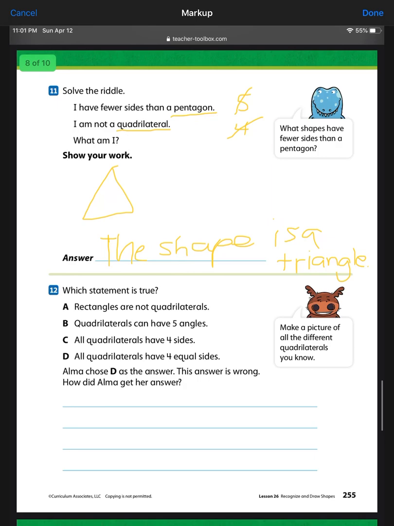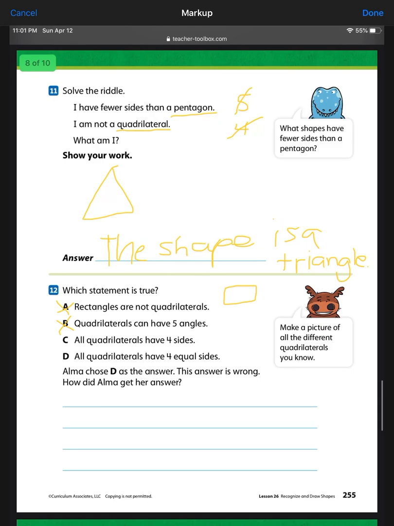So rectangles are not quadrilaterals. Now we know that a quadrilateral has 4 sides and 4 angles. And we know that a rectangle does. So this statement is rectangles are quadrilaterals. So that is not true. Let's look at the next one. Quadrilaterals can have 5 angles. That is not true. We know that quadrilaterals have 4 sides and 4 angles.